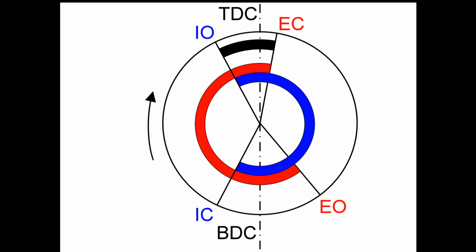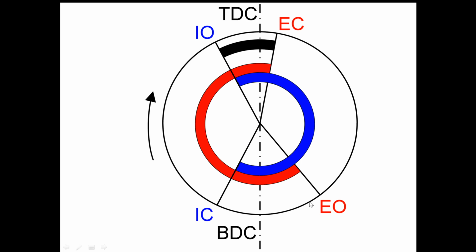This is a practical case. Theoretically, this is a top dead center and this is a bottom dead center. Theoretically, the intake valve should open when the piston reaches top dead center here. But actually, the intake valve opens before the TDC, before the piston reaches TDC.